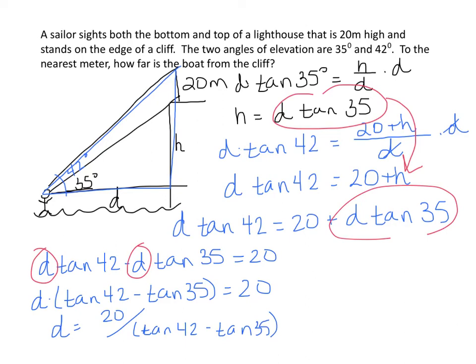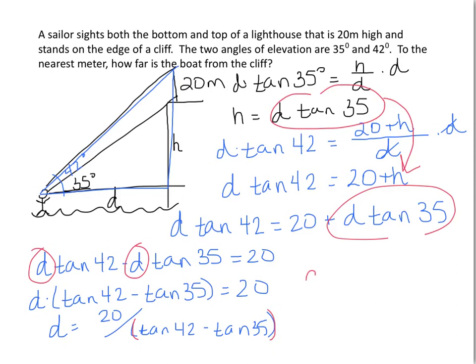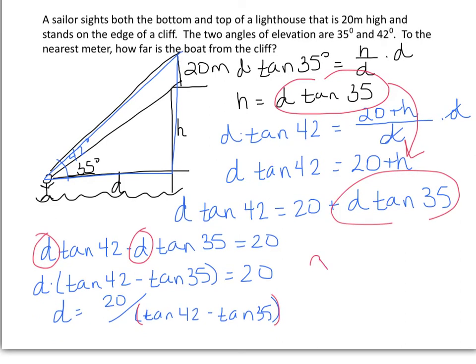And I can put this entire thing in my calculator. Make sure that you put parentheses around the entire difference in the denominator, or it will not work. When you do that, you end up with 99.902 meters.